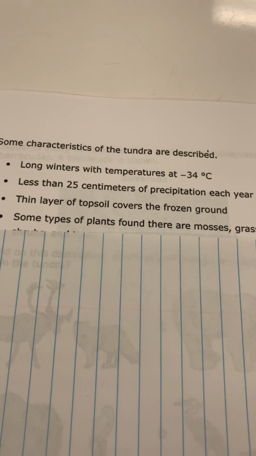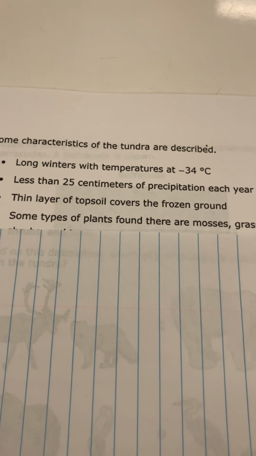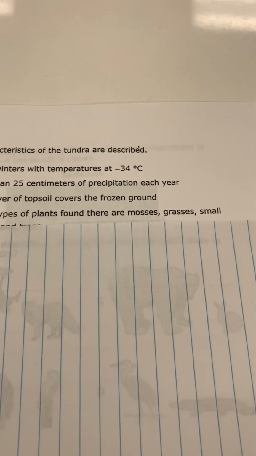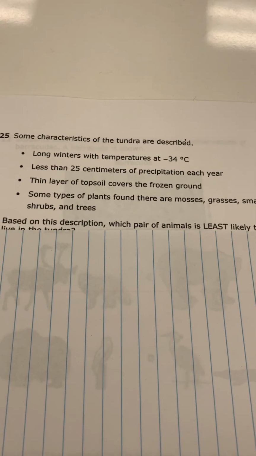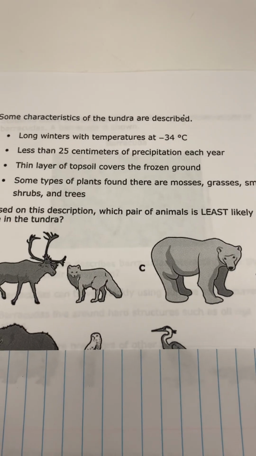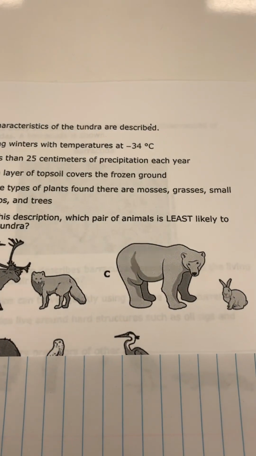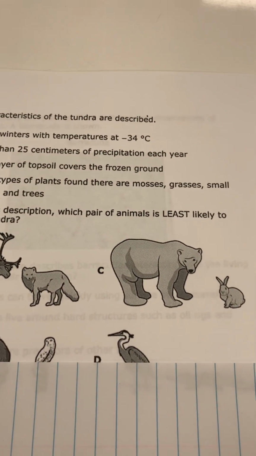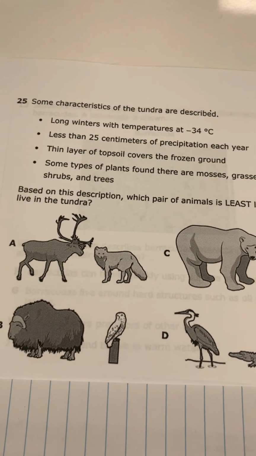Some types of plants found are mosses, grasses, small shrubs and trees. Based on the description, which pair of animals is least likely to live in the tundra?